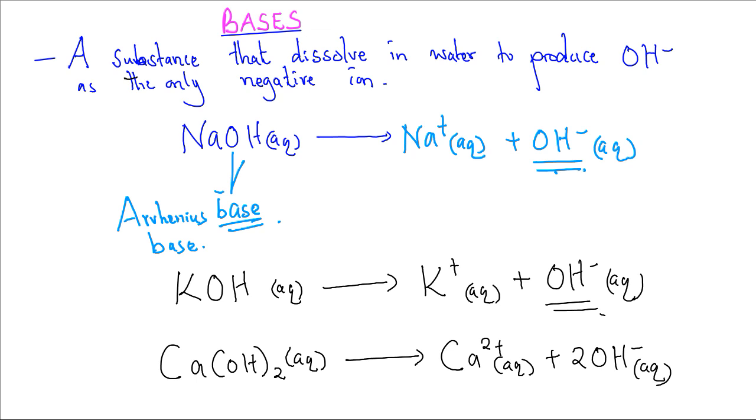So that is also said to be a base, and according to Arrhenius, it dissociates in water to produce hydroxide ion as the only negatively charged ion. And the resulting solution is able to turn red litmus paper blue, as the blue one remains the same, that is remaining blue.